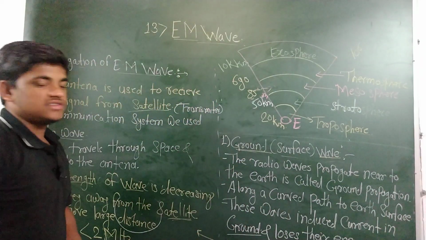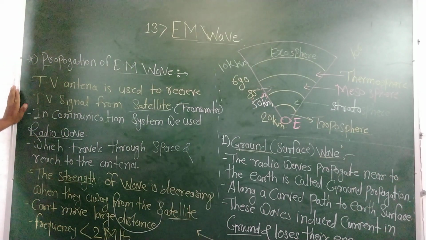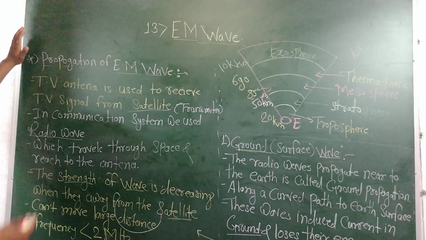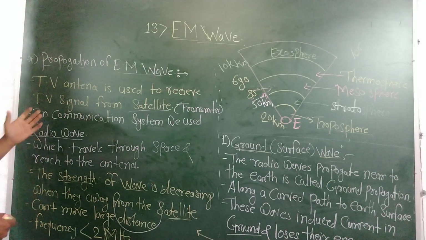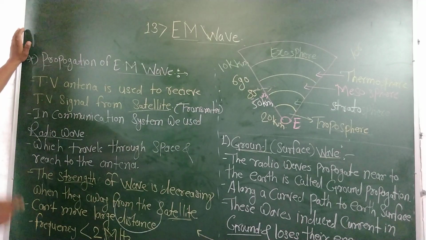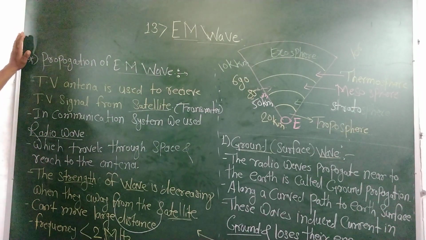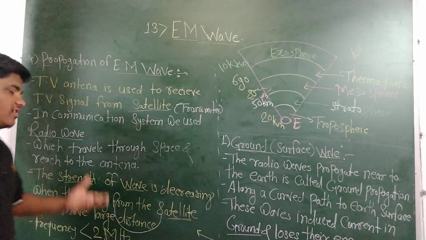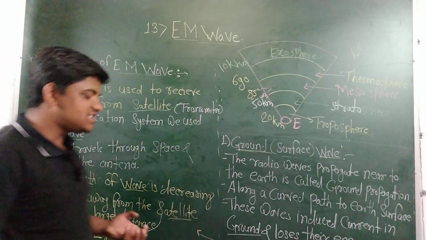Then let's start the revision of the same points which were discussed in the same lecture here: propagation of waves, or transmitting energy. The TV antenna is used to receive television signals from the satellites or a transmitter. In some communication systems we use radio waves, one of the types of electromagnetic wave, which travel through space and reach the antenna.